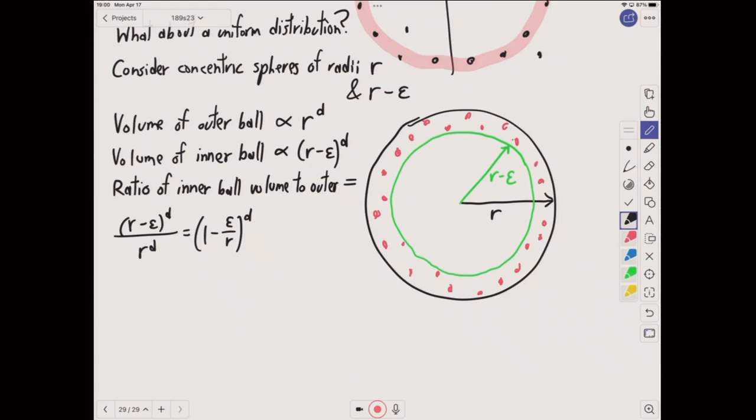And then, this actually looks sort of similar to the definition of e, the irrational number e. Specifically, this is not exactly equal, but it becomes closer and closer in the limit as d gets large. This is approximately e to the power of minus epsilon d over r.